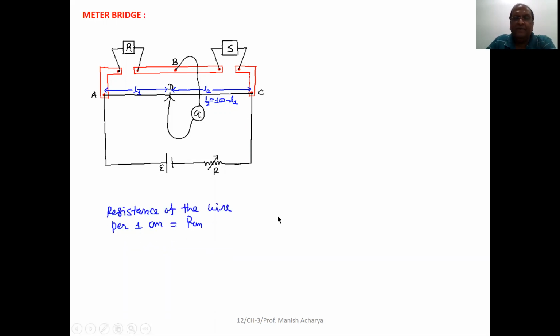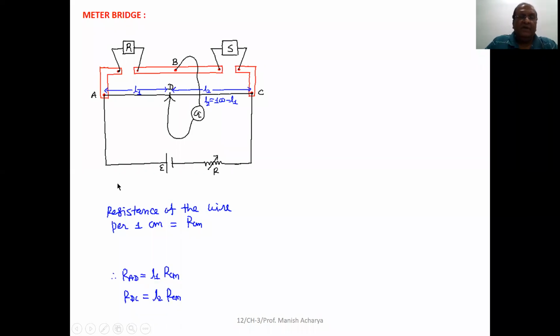Now suppose the resistance per unit length of the wire, or per centimeter length, is RCM.